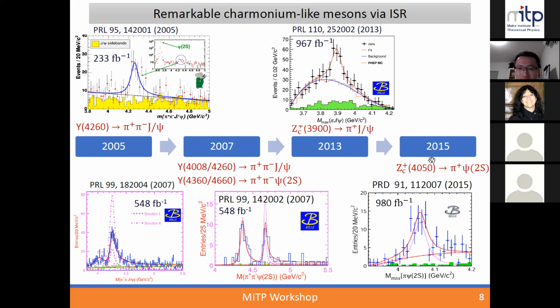And two years later, in 2015, another charged Zc state called Zc+(4050) was observed in the pi+ psi(2S) final state, but it is only an evidence.